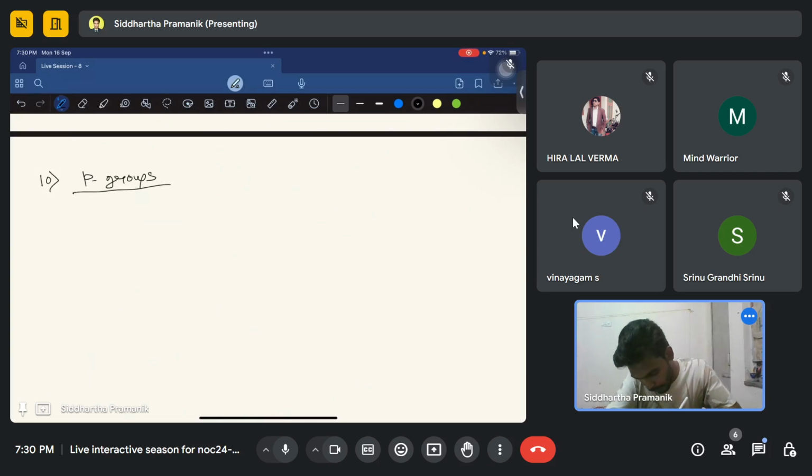A group G, okay, p has to be a prime number. Let p be a prime number.